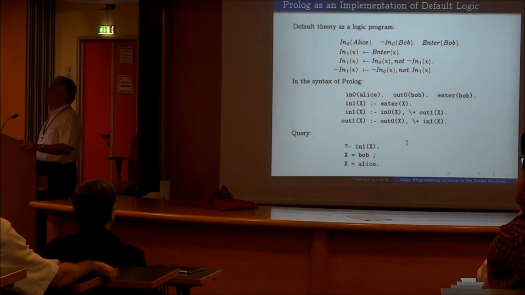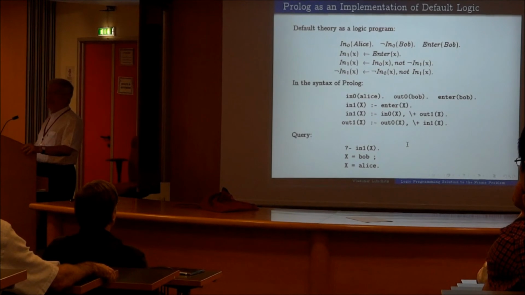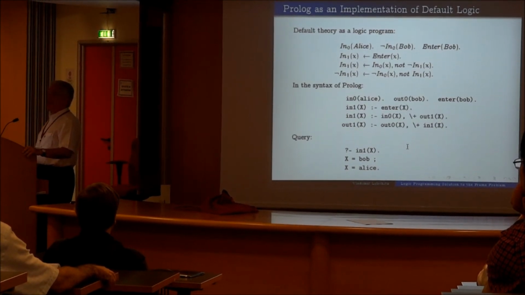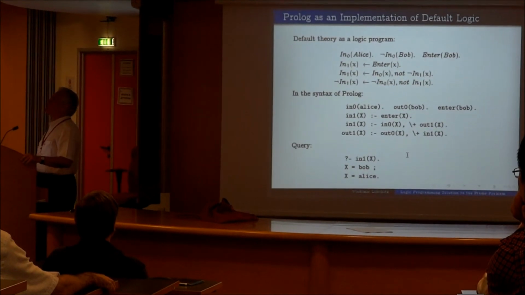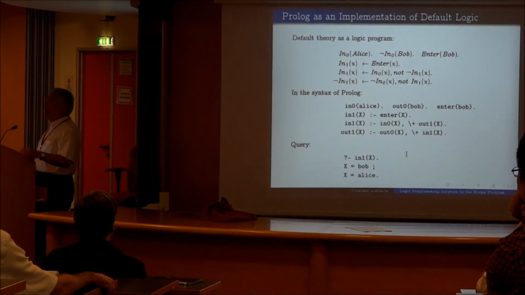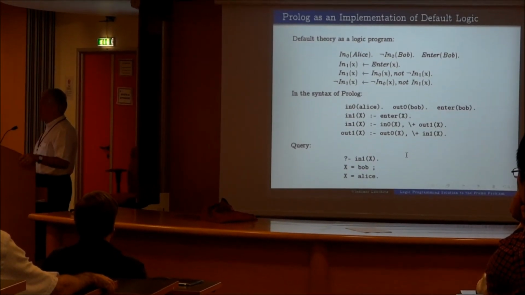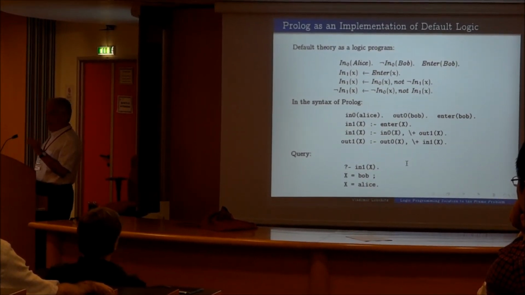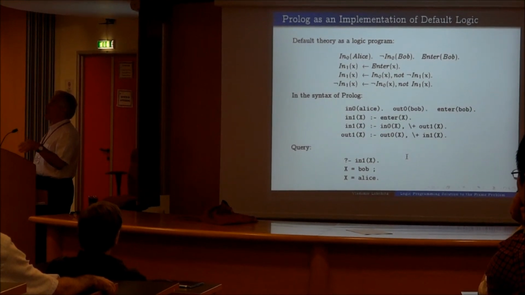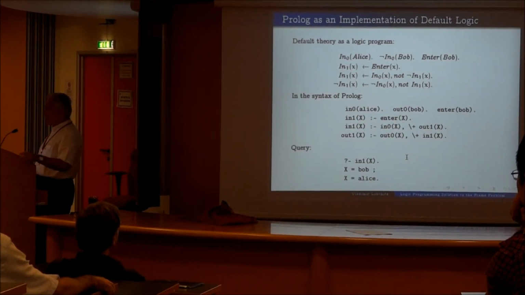One of the problems with default logic was, until that time, that we didn't have any implementations. So what we learned in 1987 is that there's no need to work on implementations. It's been available for a long time. You just need to rewrite your default theory in some cases in a special syntax and then just run Prolog.